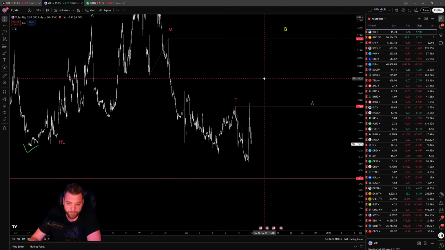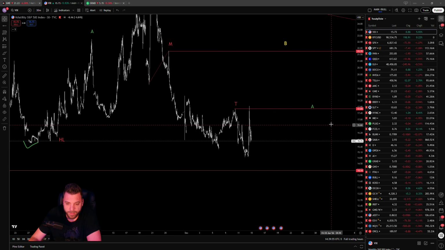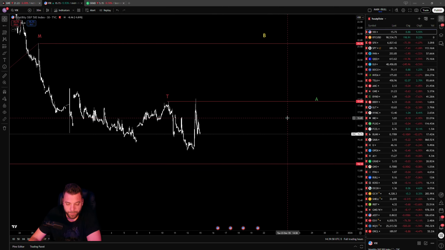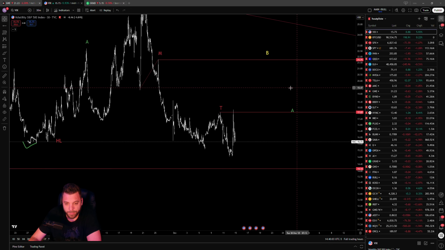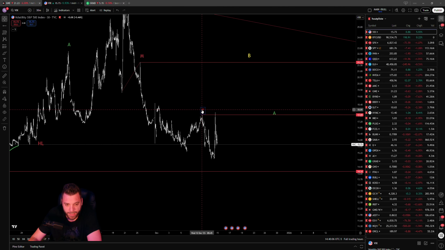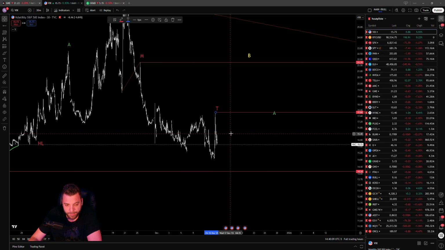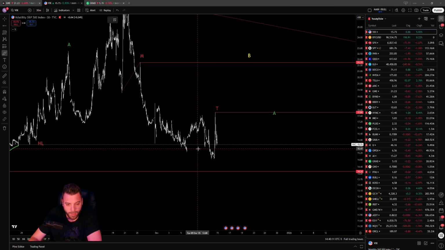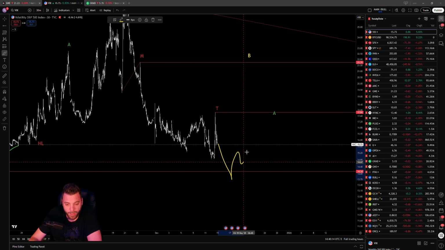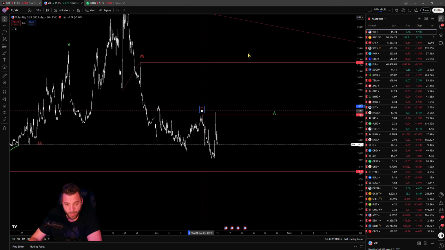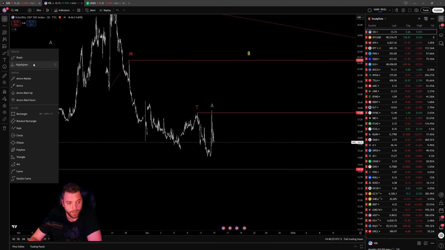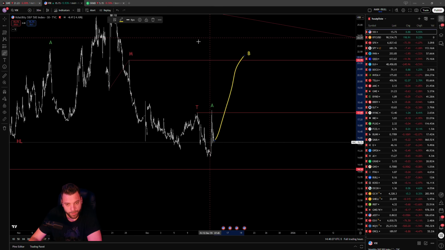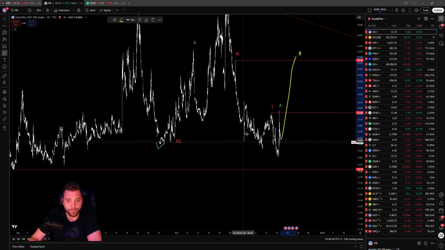For VIX, there is just one problem right now. To be in any kind of bullish on SPY, this would mean that this was your T, and you still have to do lower lows, higher low, and then you go. For the alternative, this was already your A, and that would mean you go up, and you're breaking into the wedge for SPY.